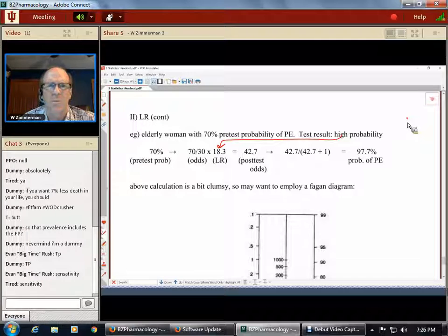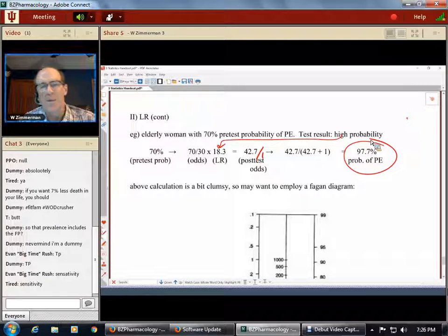Post-test odds, it's like, what do you mean? The odds are 43. What does that mean? Well, anytime you see just a number, you can always put a 1 under it. So the post-test odds are about 43 to 1, 42.7 to 1. To convert that back to probability, that's 42.7 over 43.7, and we come up with a 98% probability of a pulmonary embolism.